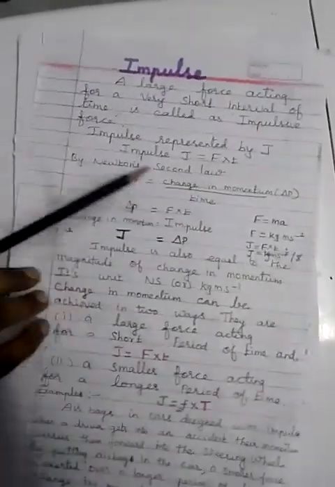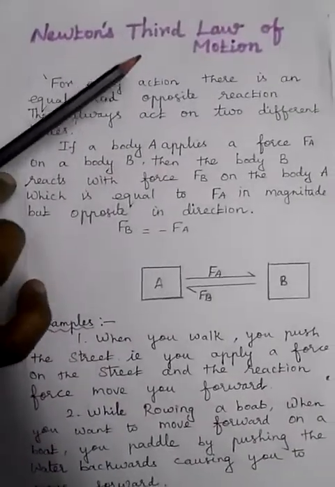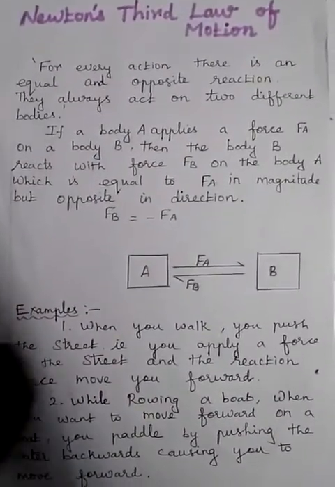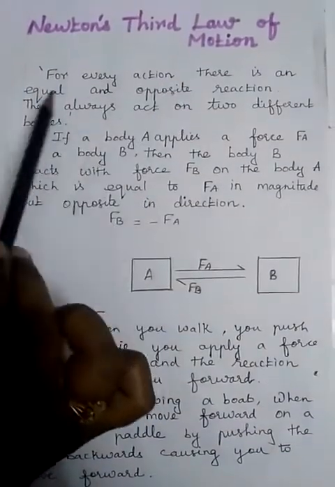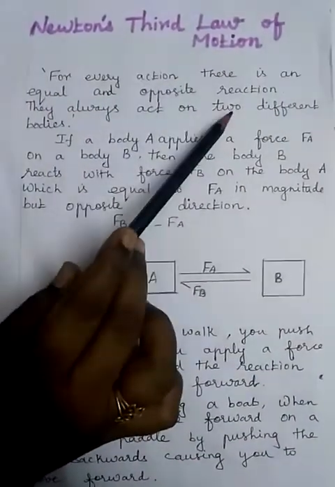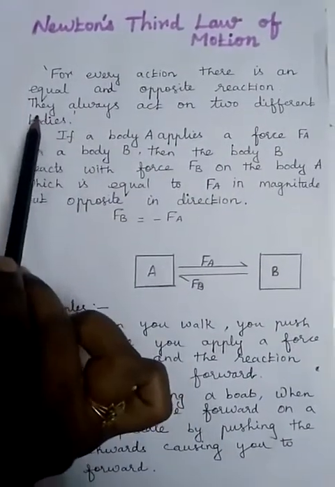Okay, next one, Newton's third law of motion. Everybody knows the law. Listen, for every action there is an equal and opposite reaction. They always act on two different bodies. That is an important point.